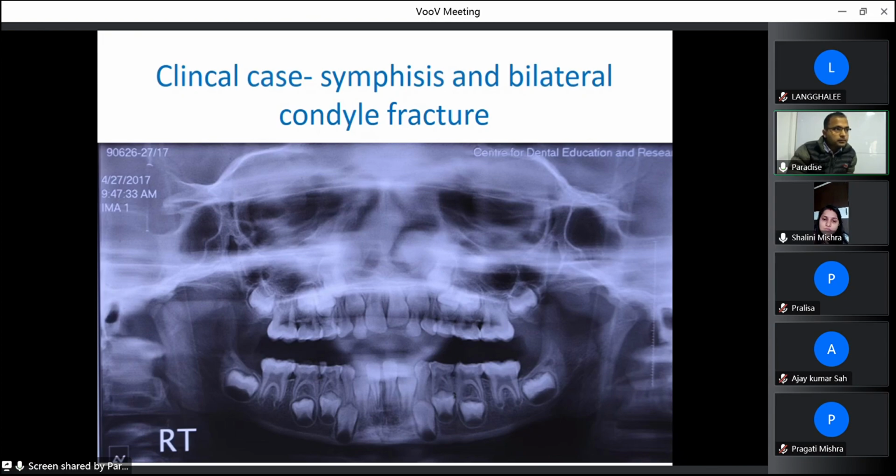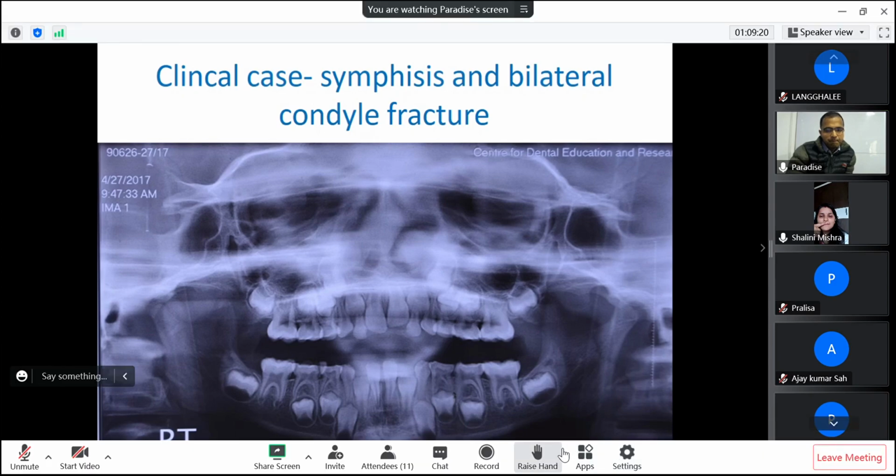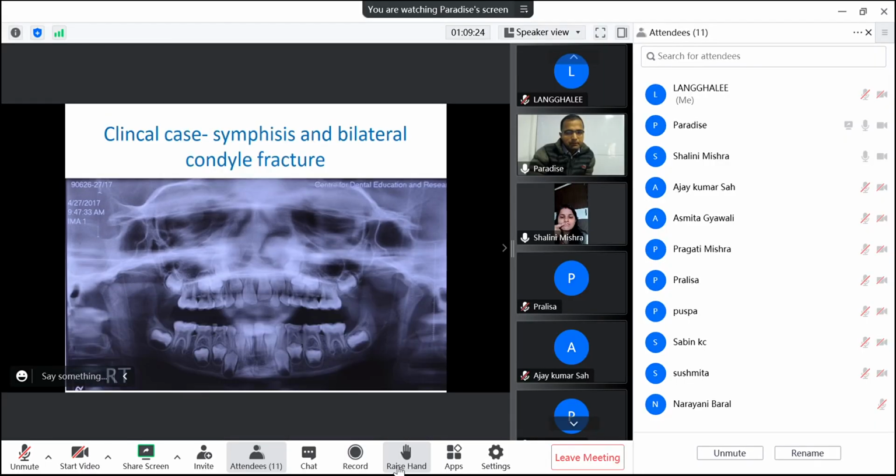What about right side? Can you see the fracture?